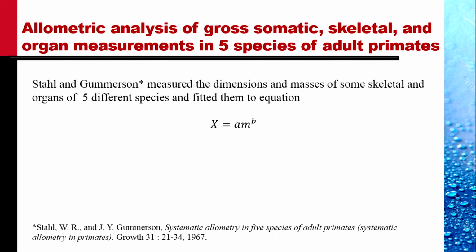Stahl and Gemerson measured the dimensions and masses of some skeleton and organs of 5 different species of adult primates and fitted them to the equation x is equal to a m raised to power b. A and b are constants, and m is the mass of the primate.